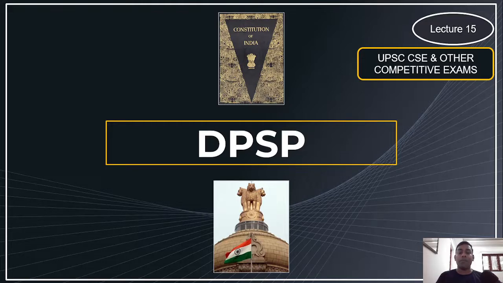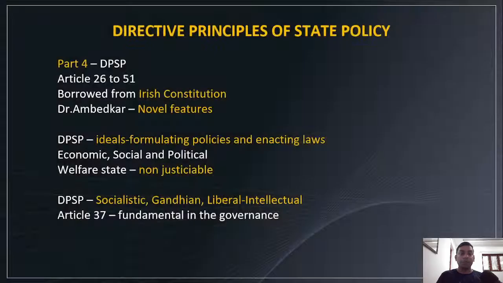That is the formal definition of DPSP. So these are nothing but directions that the state, meaning the authority, should keep in mind while formulating policies and enacting laws for the country. Let's move on. DPSP is mentioned in Part 4 of the Constitution, Article 36 to 51.